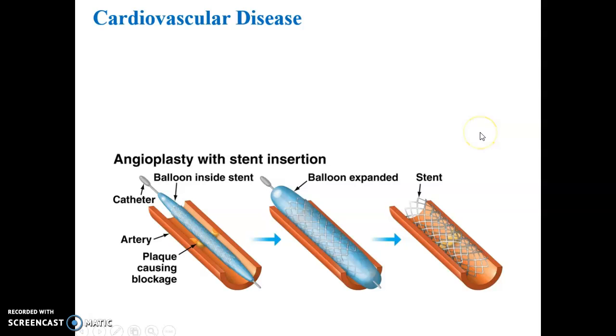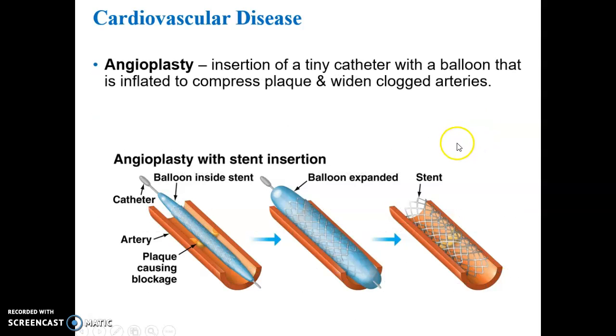So one possible treatment for blocked arteries is a procedure called angioplasty. This is where they insert a tiny thin catheter, a long tube that carries a balloon inside and a stent, which we'll talk about, into the artery that has the plaque that's blocking the artery, even if partially blocking.